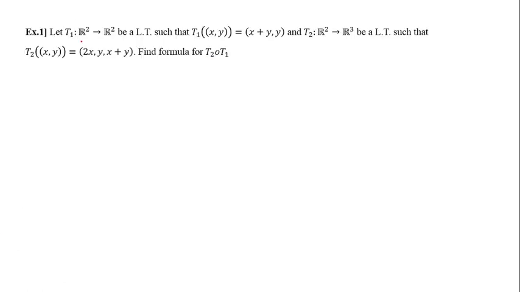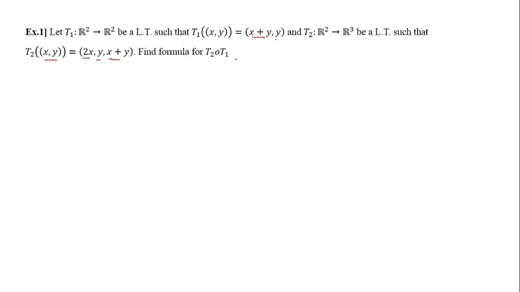Let T1 from R2 to R2 be a linear transformation such that T1 operating on (x, y) is (x plus y, y), and T2 from R2 to R3 be a linear transformation such that T2 operating on (x, y) is (2x, y, x plus y).